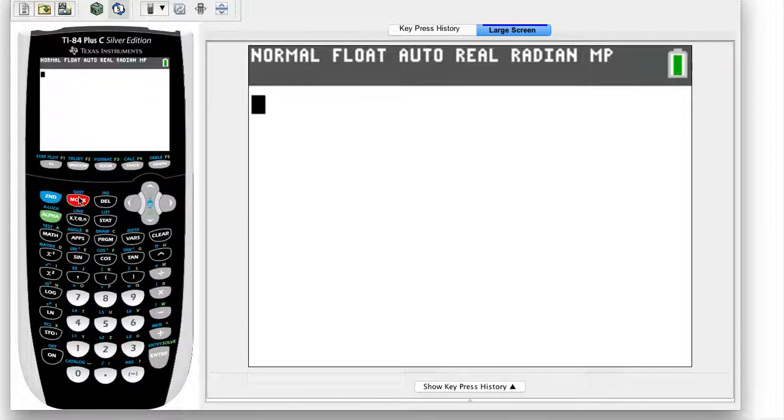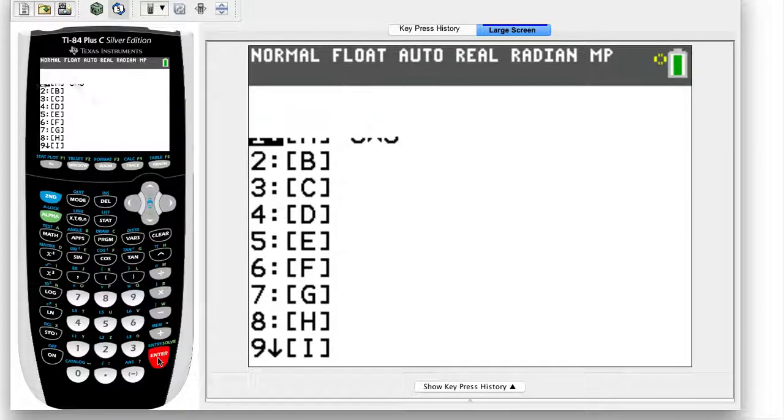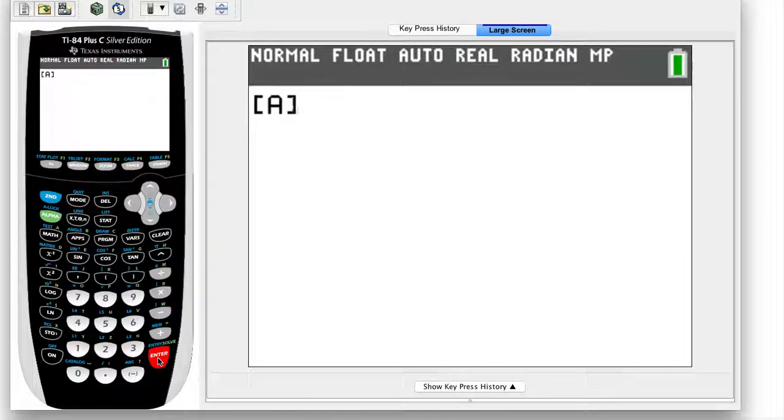I can quit this, and if you remember from our matrix menu before when we had the determinant, we went over here to this math menu and we chose the determinant. Well, what I'm actually going to do instead, I'm just going to select this matrix. And you have to think, well, what is the inverse? Like with my example 8, what was the inverse there? 1 over 8.